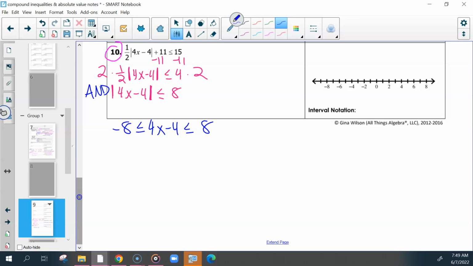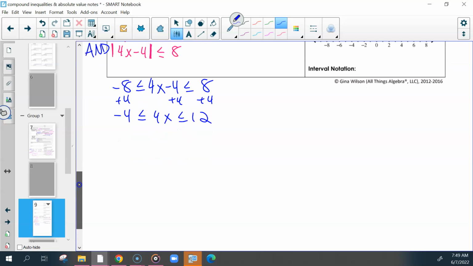And then I can start to solve. Add 4 to everything. Negative 4 is less than or equal to 4x, which is less than or equal to 12. And divide everything by 4. Negative 1 is less than or equal to x, which is less than or equal to 3.